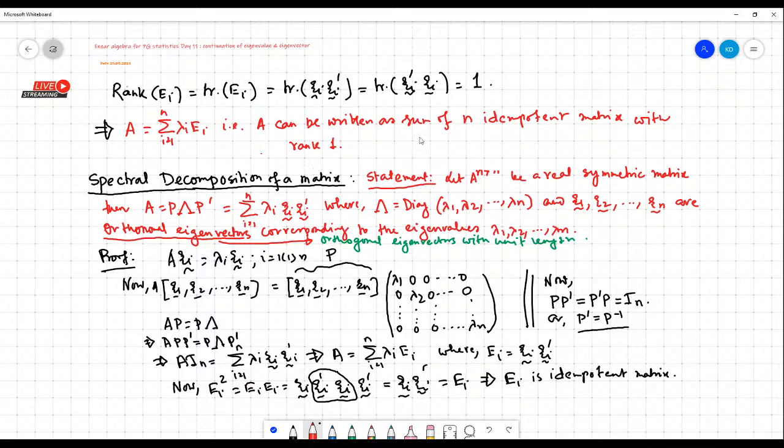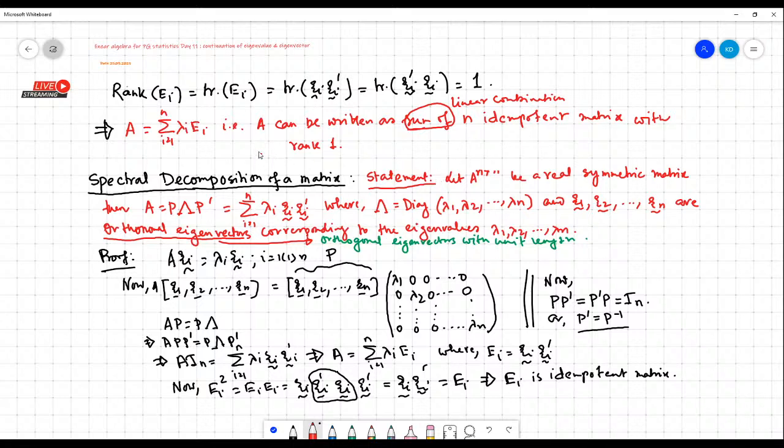Rather, a linear combination, because λ_i is also involved: a linear combination of n idempotent matrices of rank 1.